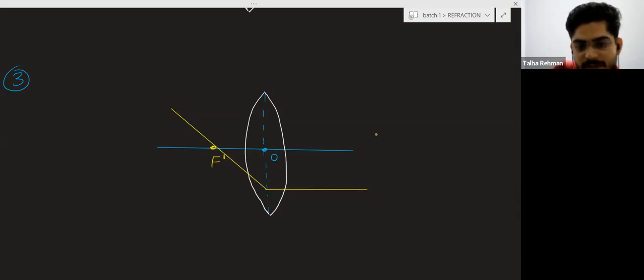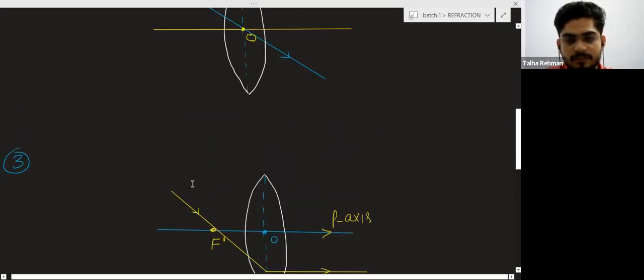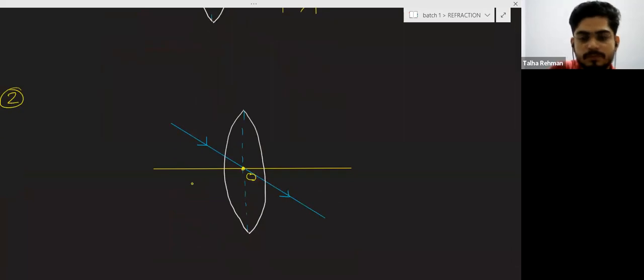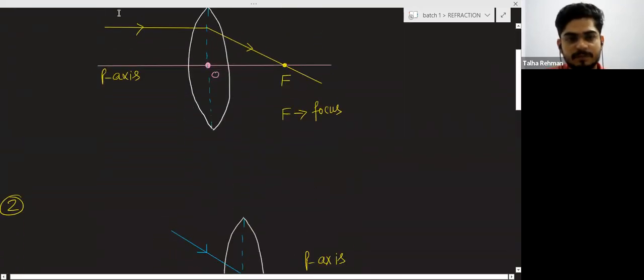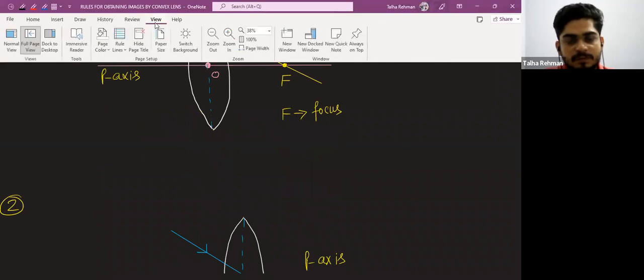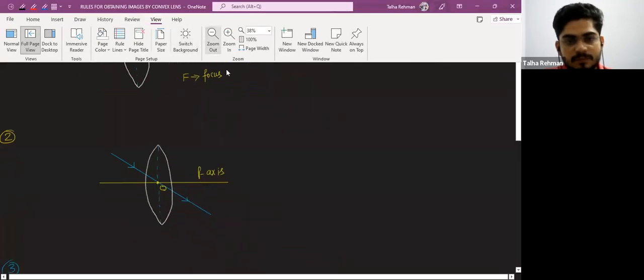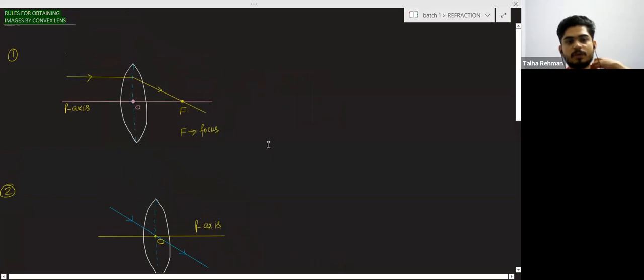This ray will become parallel to the principal axis. So these are the three rules for the convex lens. Very, very simple. Just all of you, please copy.